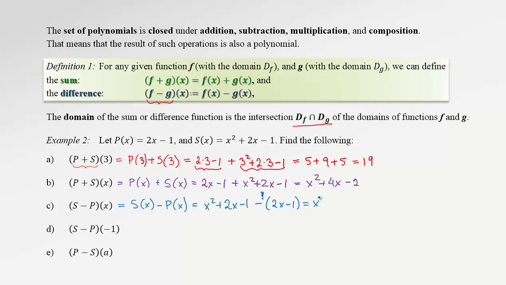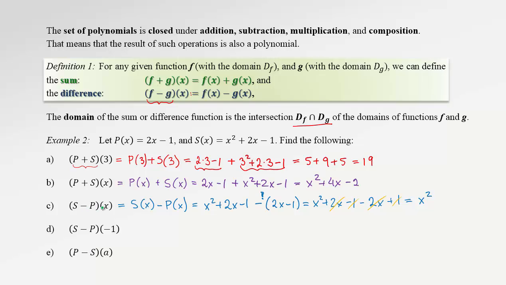So it will be x squared plus 2x minus 1 minus 2x and plus 1 equals, and let's collect like terms. We can notice that 2x will cancel the negative 2x and negative 1 will cancel 1. So altogether this difference of two polynomials is actually x squared, a simpler polynomial this time.